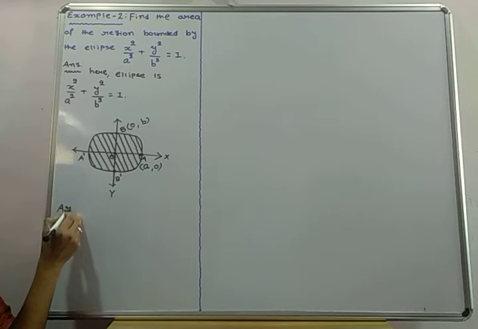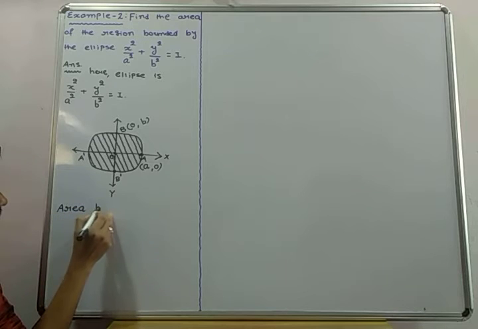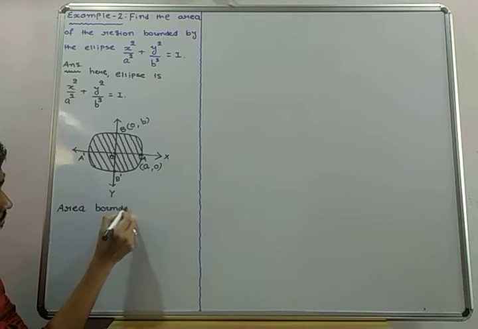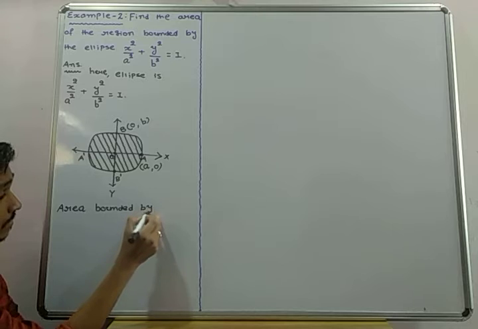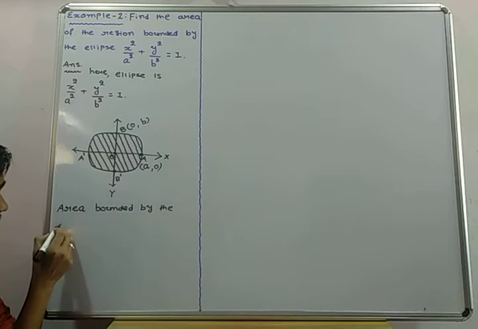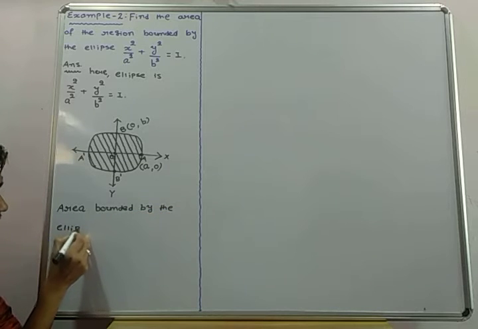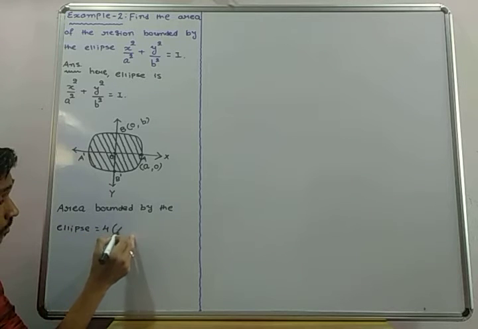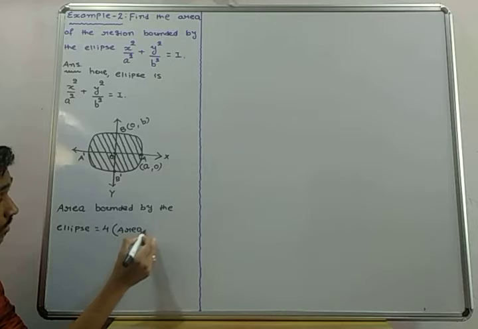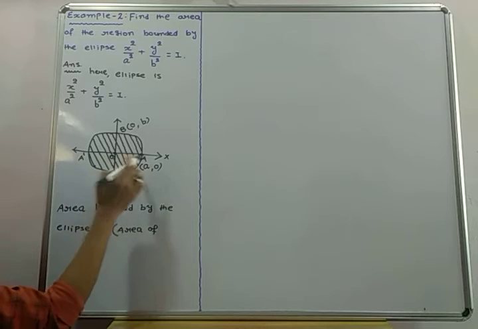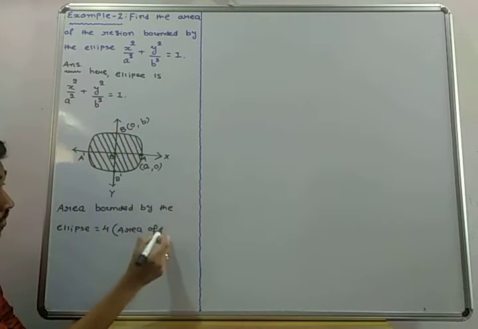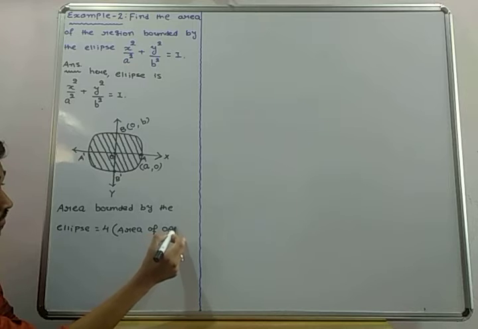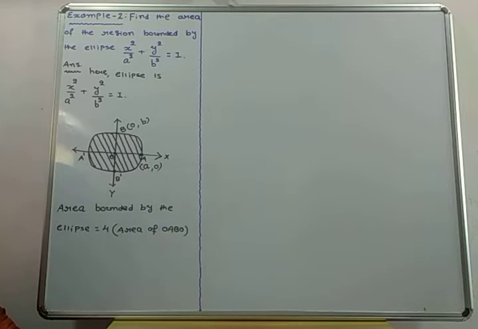The area bounded by the ellipse is equal to 4 into the area of OABO. Done.